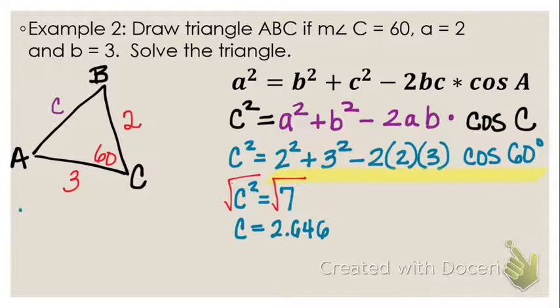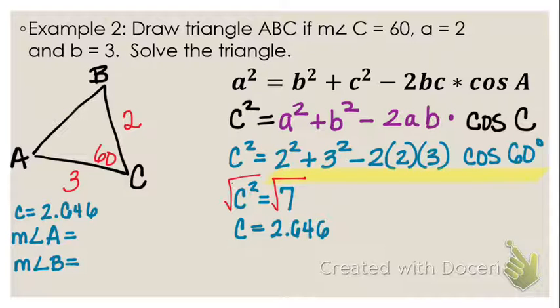Let me write off to the side what we're looking for. We're looking for little c, which we figured out. And then we also need to figure out the measure of angle A, and we need to find the measure of angle B. So now I know C. We can't switch to the law of sines even though we have a pair.